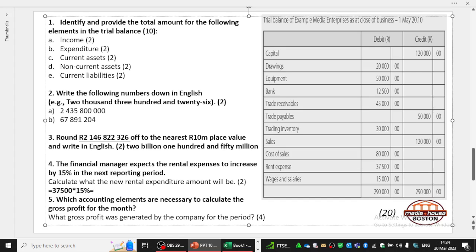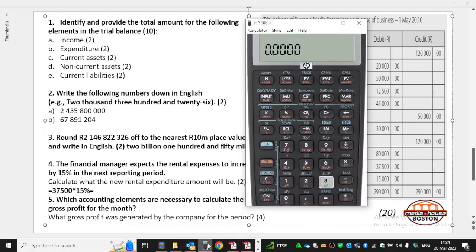You can use your scientific calculator, or you can use your mind if you're able to calculate and scratch out numbers. That will be the same as saying 15 multiplied by 375. So it's going to be 37,500 multiplied by 15, which is 5,625.